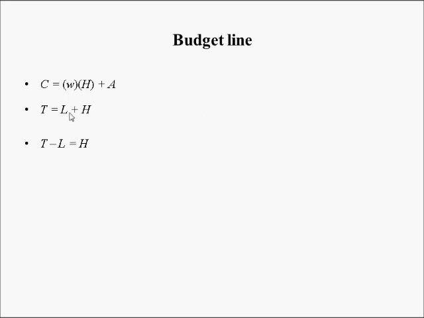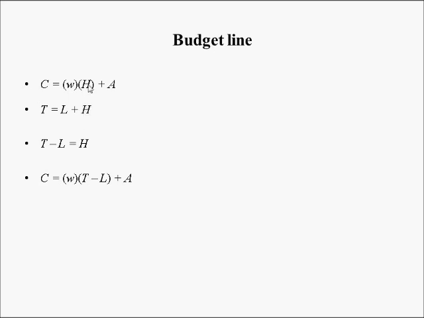Now, all I did here is I subtracted L from both sides, and H equals T minus L. So as H goes up, leisure must be going down because the total time available in a week is known. You got 24 hours a day, 7 days a week. That's a fixed amount of time. So if you're working more, you're leisuring less.